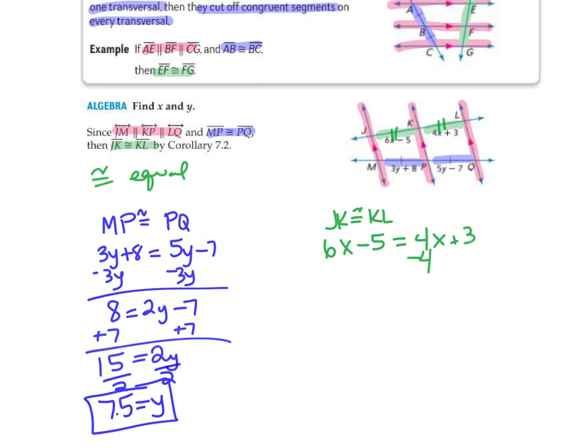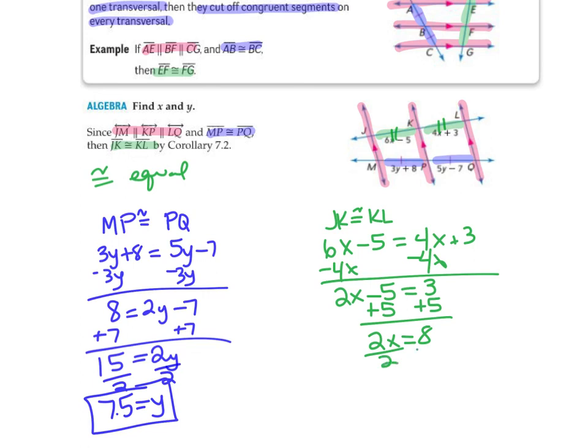Okay, I'm going to move my x's first. You don't have to move your x's first. It's okay if you move your other numbers, your constants, that's okay too. All right, so 2x equals 8. That means x will be a value of 4. All right.